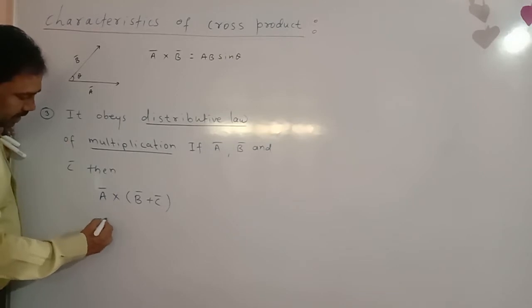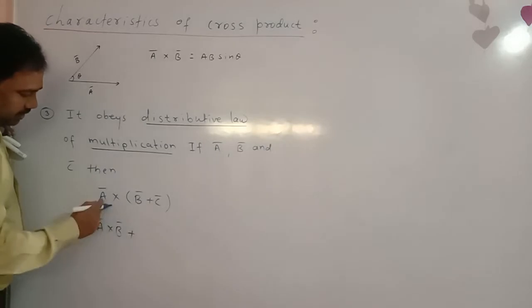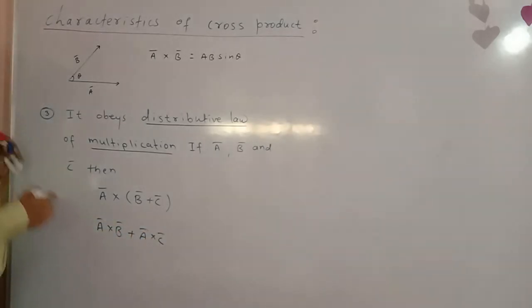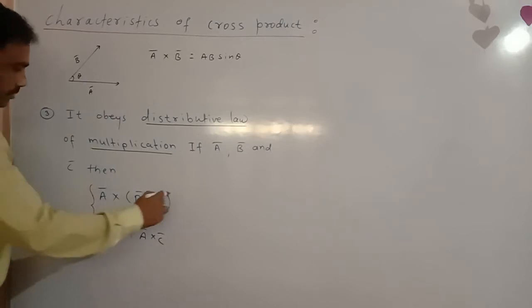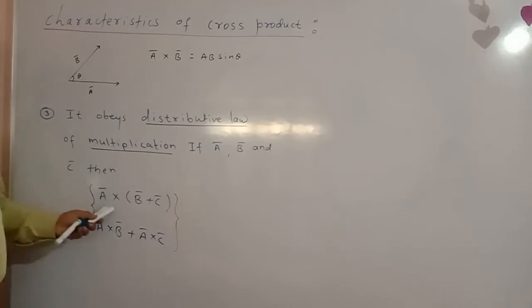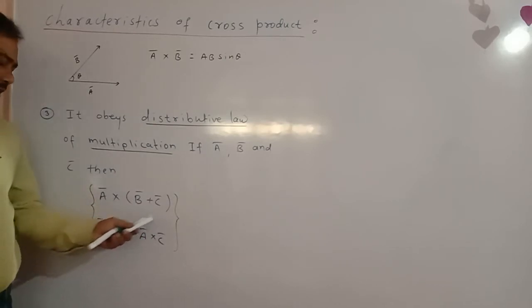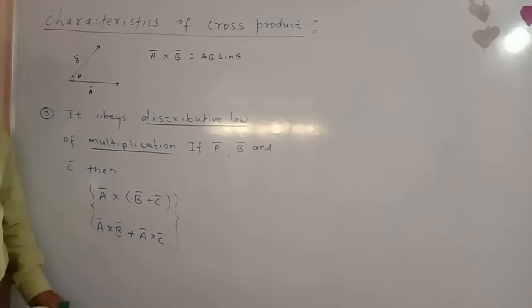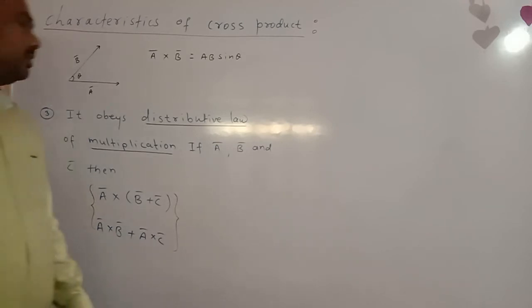It is vector A cross vector B plus vector A cross vector C. This is called the distributive law of multiplication.